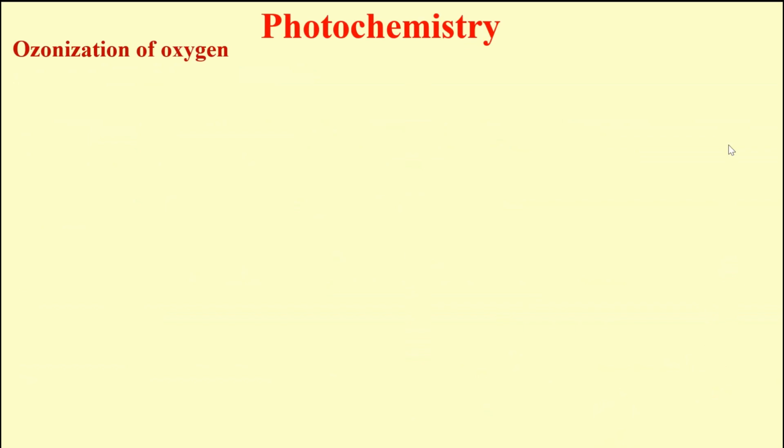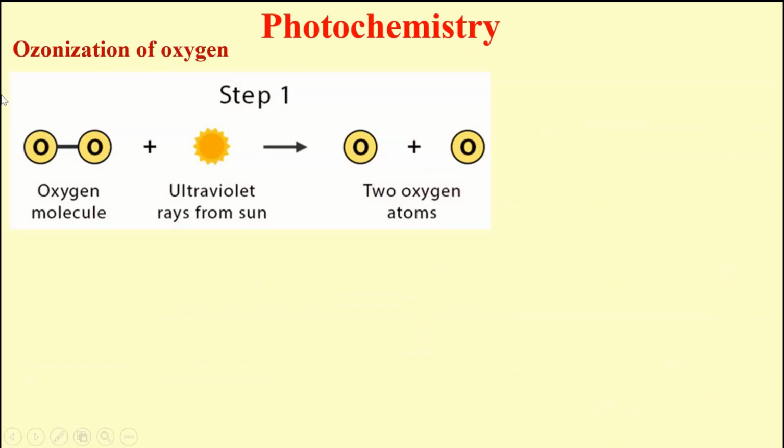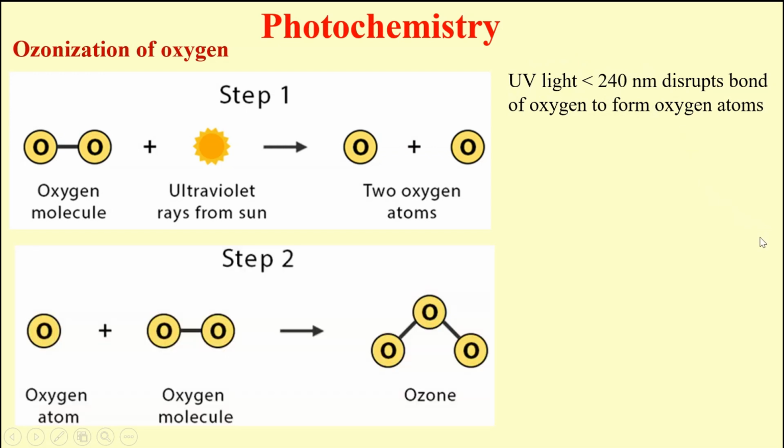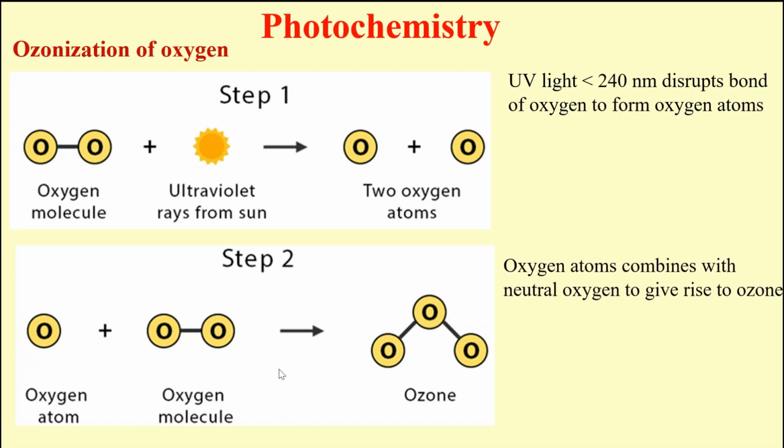Ozonization of oxygen. The oxygen molecule absorbs ultraviolet rays from the sunlight and gives rise to oxygen atoms. This occurs utilizing UV light of wavelength 240 nanometer. Then the oxygen atom which is formed combines immediately with an oxygen molecule to give rise to ozone.